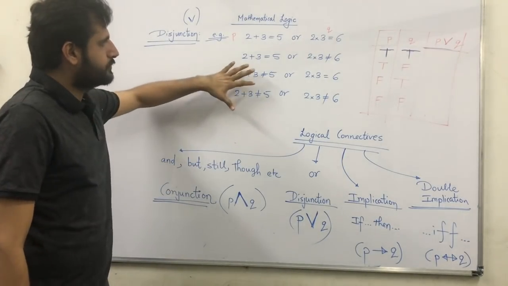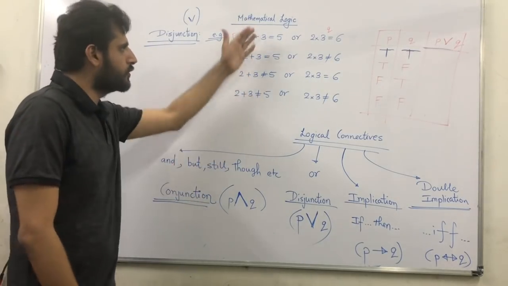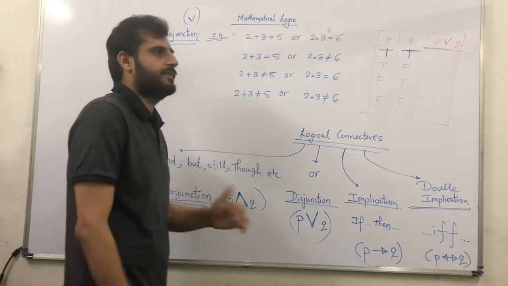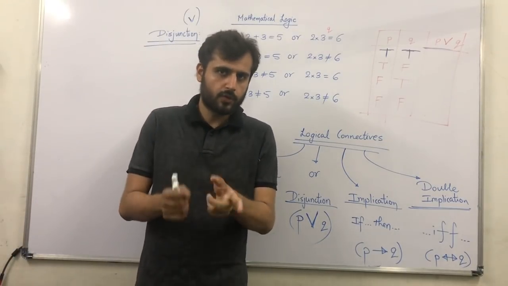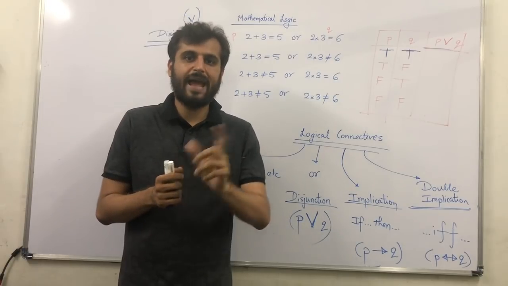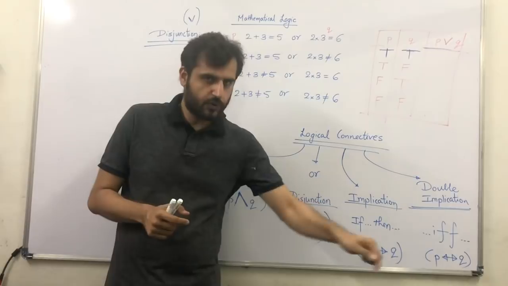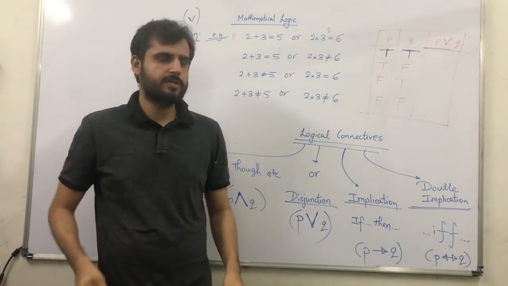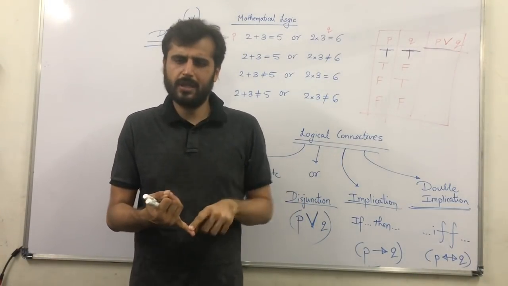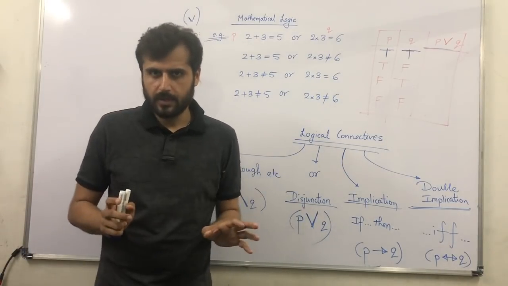So in disjunction, when you are not sure about the things, you use the word "or". When you are sure about the things, you use the word "and": this is true and that is also true. But in this, you'll say either 2 plus 3 is 5 or 2 into 3 is 6, I'm not sure.